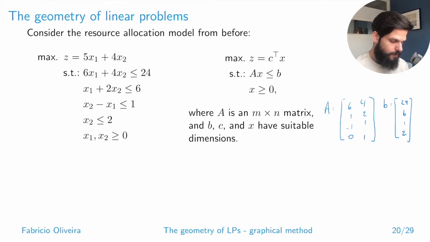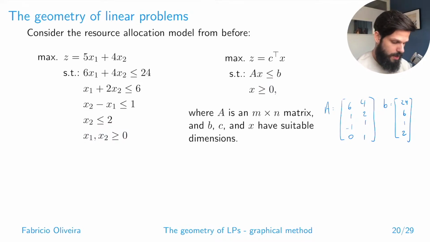Right? So you can see that this A matrix is M by N, in the sense that I have M constraints, in this case 4, and N decision variables, in this case 2. And this is a component-wise requirement that those are all non-negative.